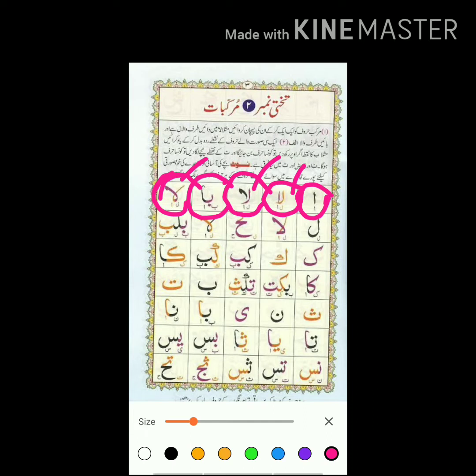So in the first line we have seen three lam alifs with different designs, with different shapes. The first one we saw in the second box, the second one we saw in the third box, and the third one we saw in the fifth box. So till now I have given you two hints. The first one is about alif, the straight line, and the second hint is about the cross-like shape, and that cross-like shape is lam alif.